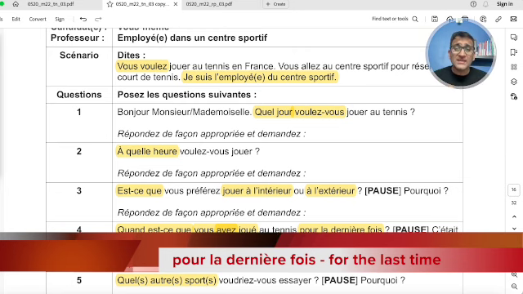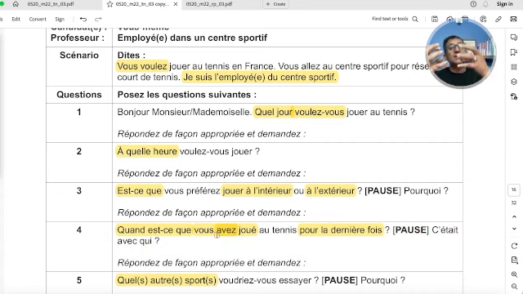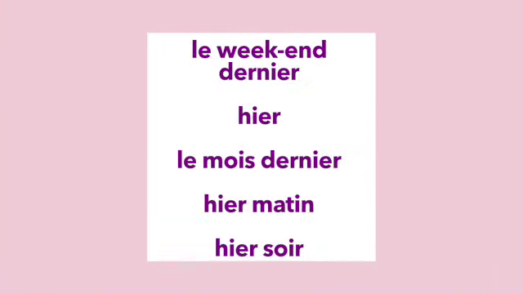So again, form the answer. Vous avez, you need to change to je and the avoir verb comes into the picture. J'ai and then the jouer will remain as it is. J'ai joué au tennis. Right? Now for the last time, you need to talk about when was the last time. So you can say le weekend dernier, or you can say hier, which is yesterday.